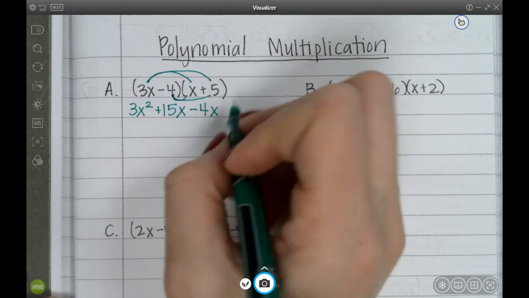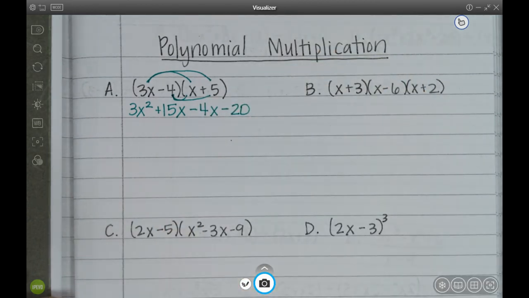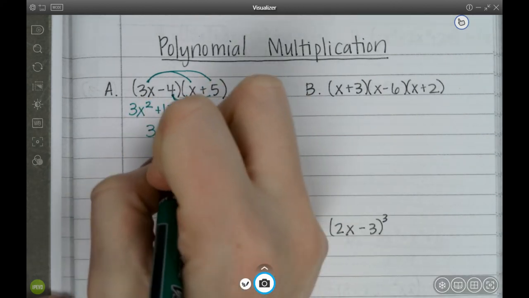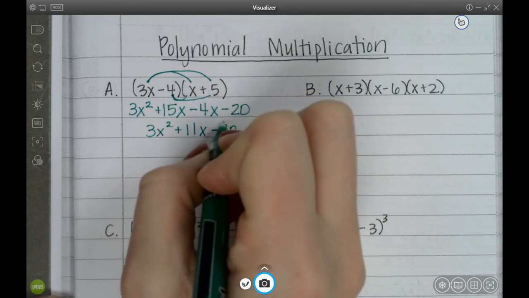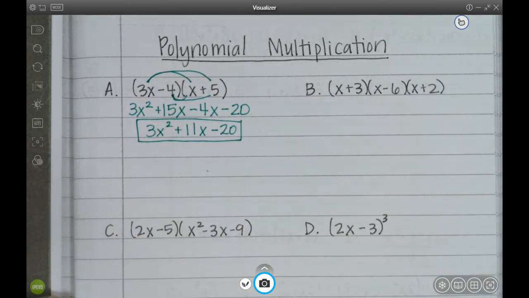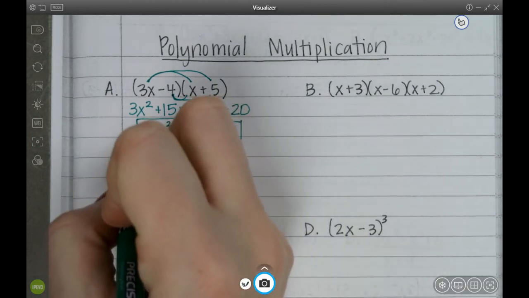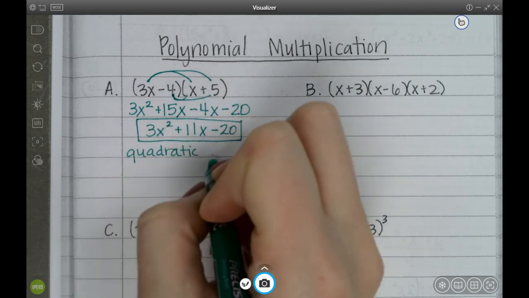Negative 4 times 5 is negative 20. Then combine your like terms to get 3x squared plus 11x minus 20. It's degree 2 with 3 terms, so it is a quadratic trinomial.